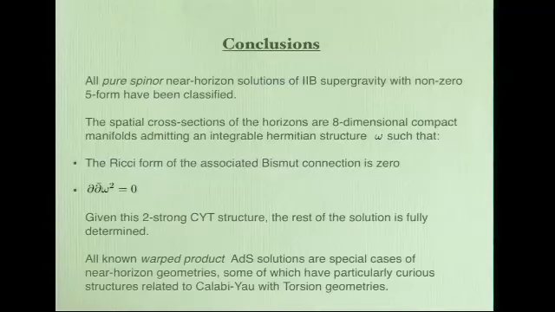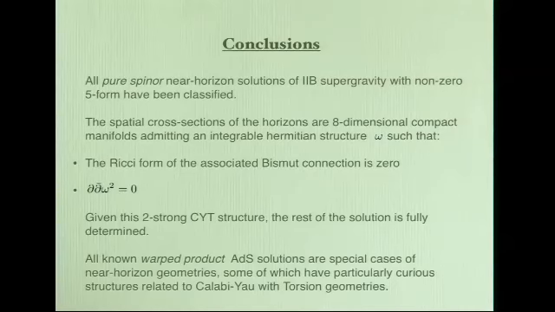We've classified all the pure spinor near horizon solutions in 2B supergravity with non-zero 5 form. And we've shown the spatial cross-sections of the horizon are 8-dimensional compact manifolds admitting an integrable Hermitian structure omega such that the Ricci form of the Bismut connection vanishes and d-bar of omega squared is equal to 0. And once you're given this so-called strong Calabi-Yau with torsion structure, you know completely the rest of the solution, and you can determine it.